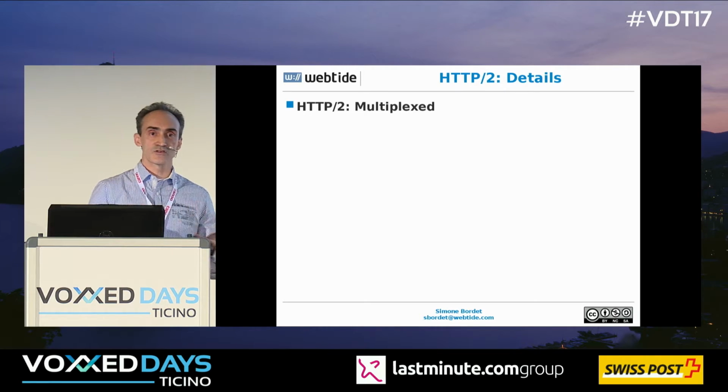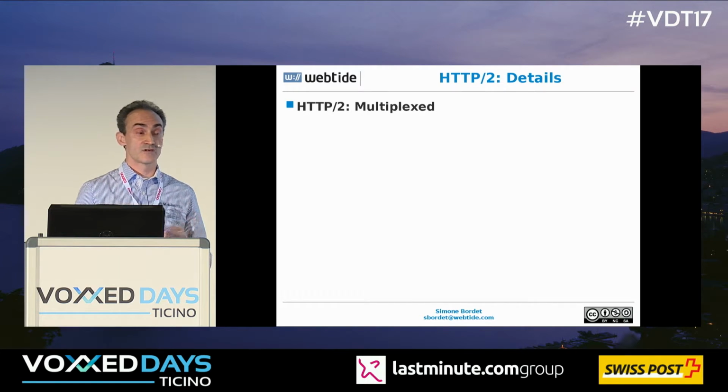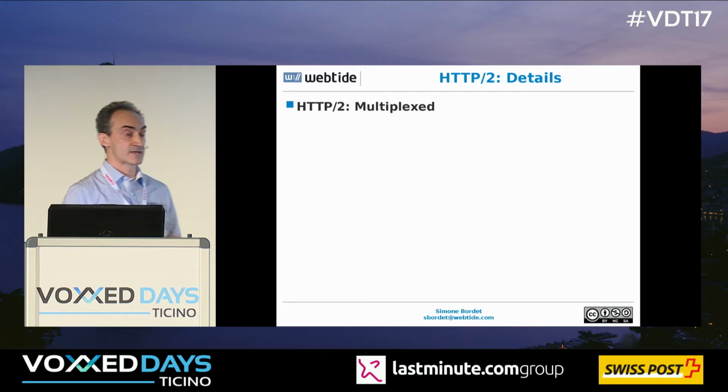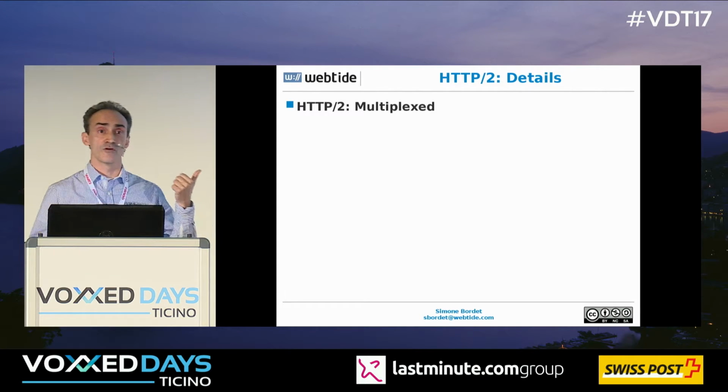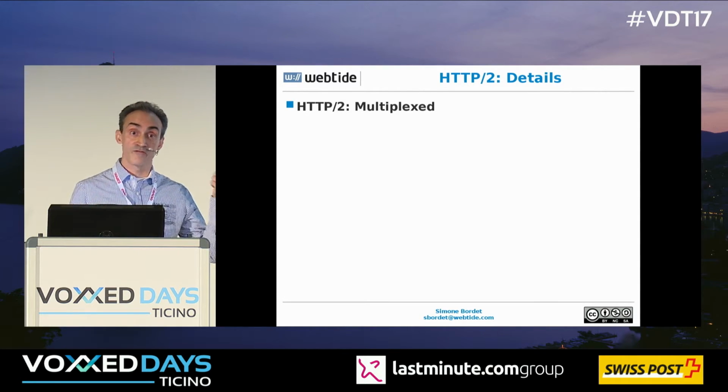So now browsers open at most 6 connections to a single domain, okay? What does it mean? It means that if you have to download or make 215 requests to render your page, how does it work? Well, in HTTP 1.1, it works in this way.